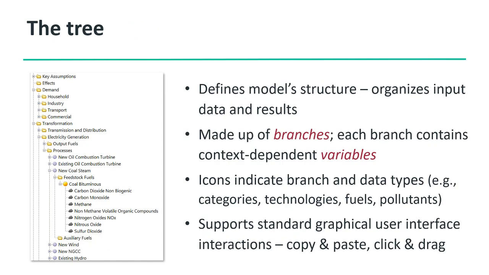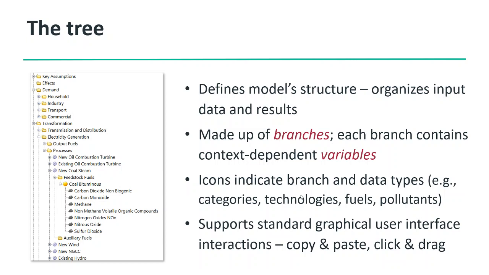But the thing that I do want to emphasize is the way in which data is stored in LEAP. The way that data is stored is through a tree structure. So this tree has different branches that represent different source sectors. You have different types of branches to represent different fuels and technologies or different pollutants.